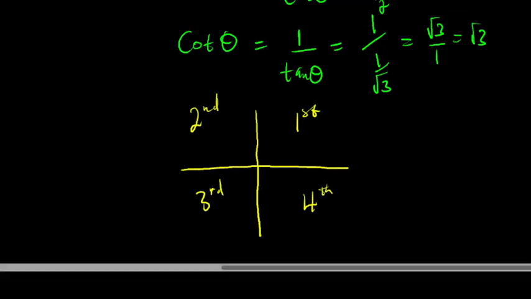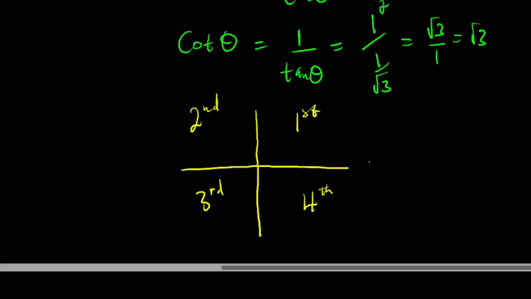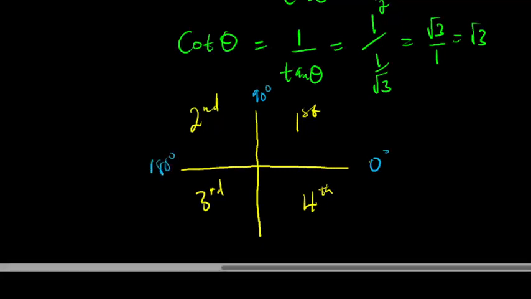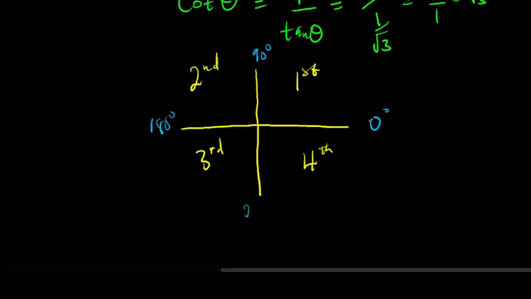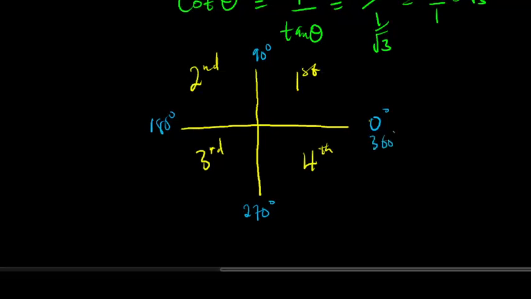So what are they all about? We have 0 degree, 90 degree, 180 degree, 270 degree, and this is 360 degree.